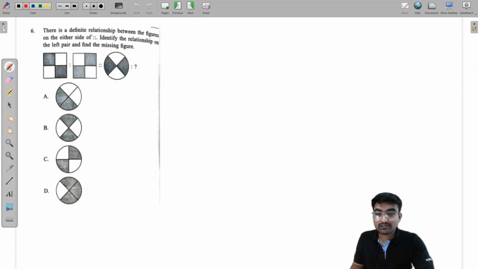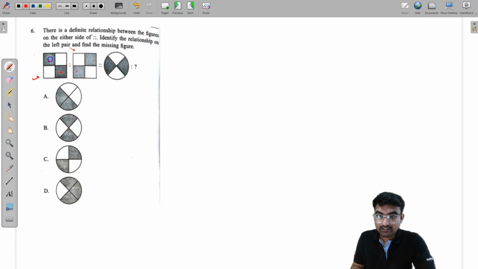Question number 6. There is a definite relationship between the figures on either side of that symbol. Identify the relationship between the left pair and find the missing figure. Look at both the figures carefully. In the first figure, alternate boxes are colored, and in the next figure also alternate boxes are colored.